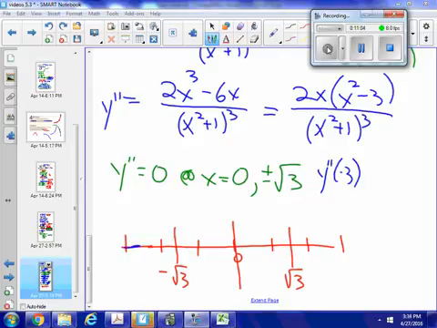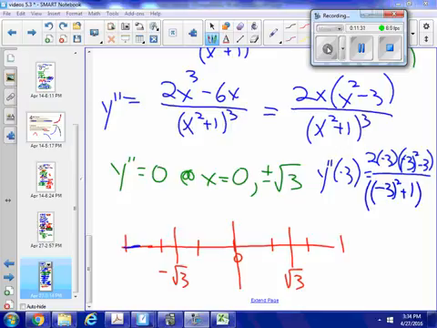So I would have 2 times -3 times (-3 squared minus 3) divided by (-3 squared plus 1) cubed.